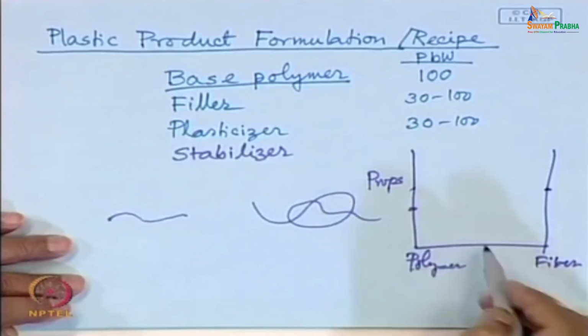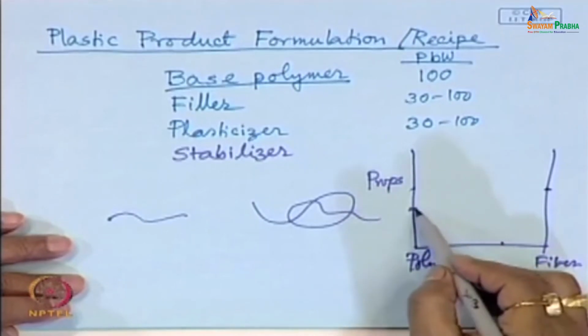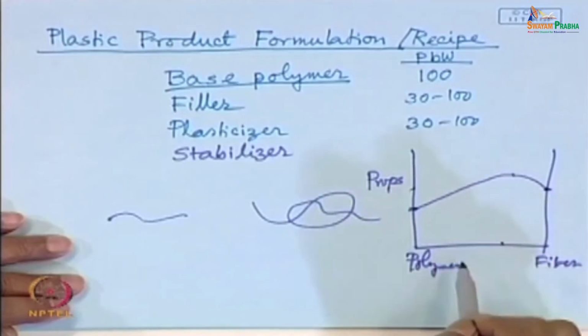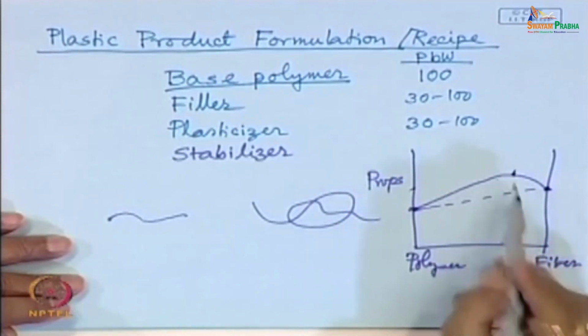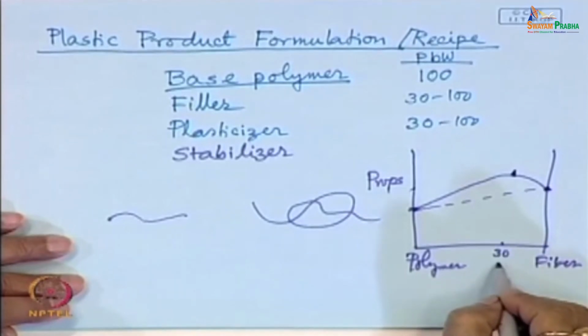Now, by incorporating say 30% of fiber, you can get an improvement of properties like this. Suppose this is the product, say here fiber is 30 and polymer is 70.